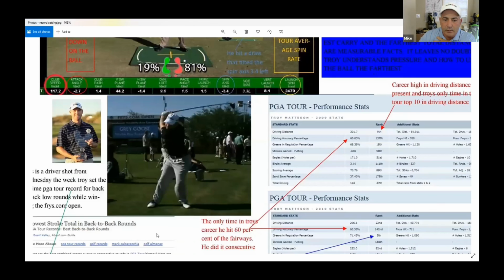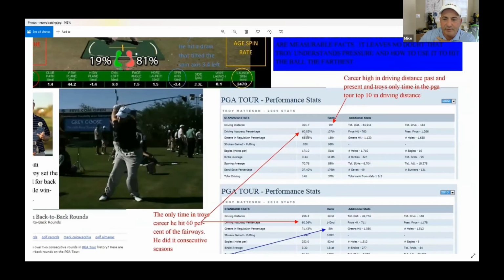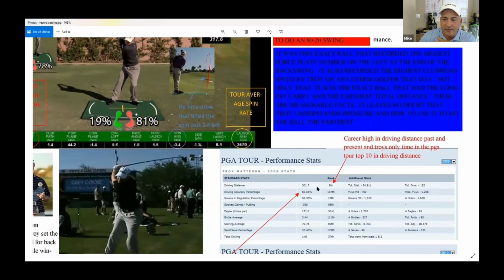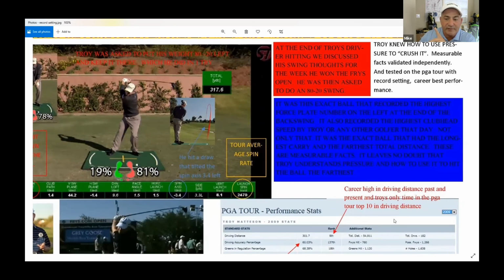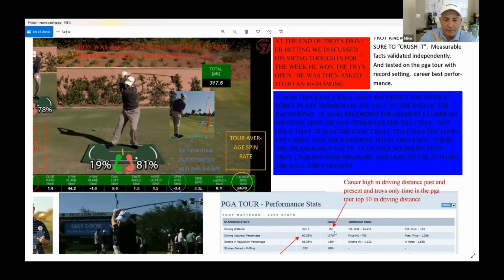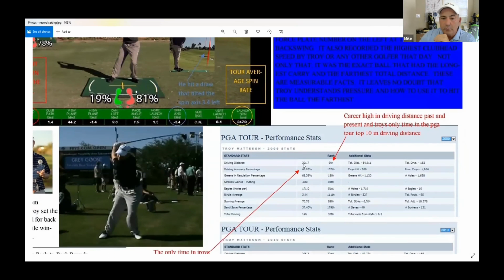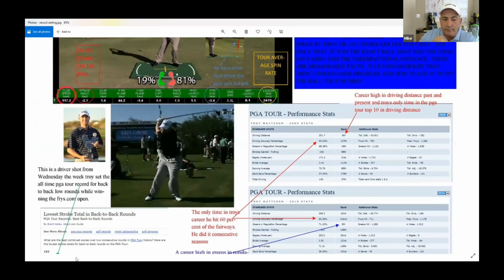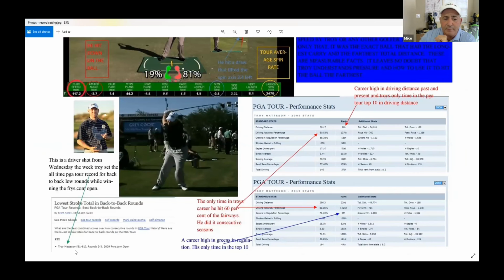That year, it was the first time he hit 60% of his fairways, and they got a late start to the season. He was career higher in driving distance, top 10, over 300 yards average for the rest of the year. He shot the lowest back-to-back round still to this day, 61-61, all while being top 5 in greens in regulation.